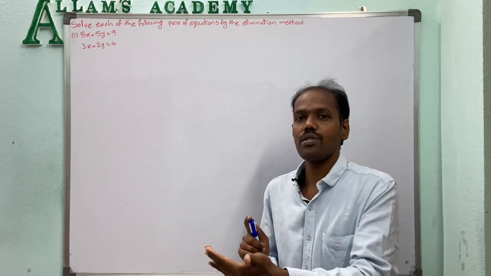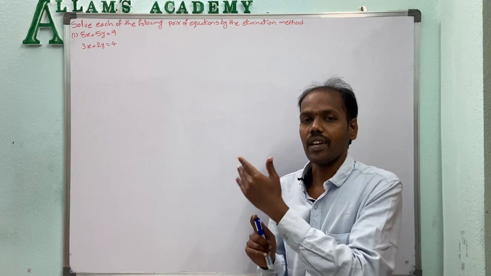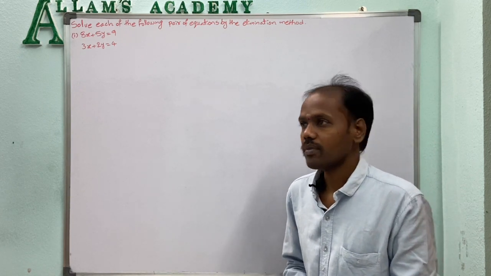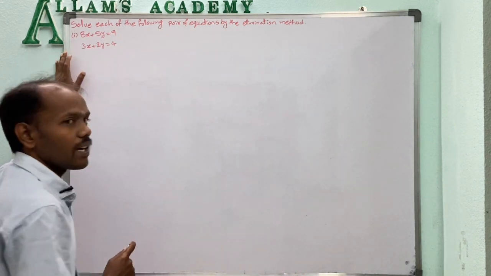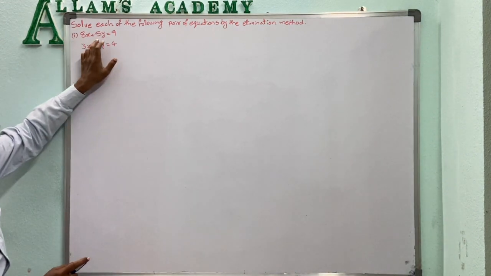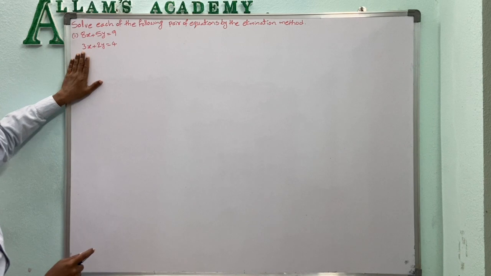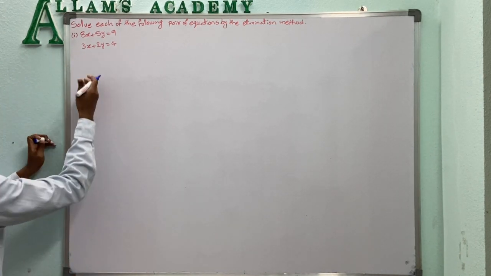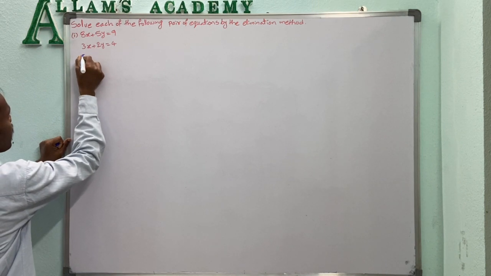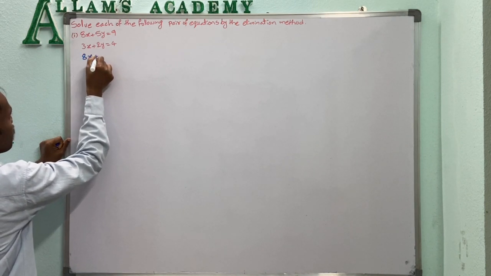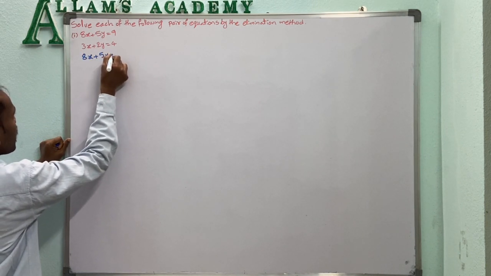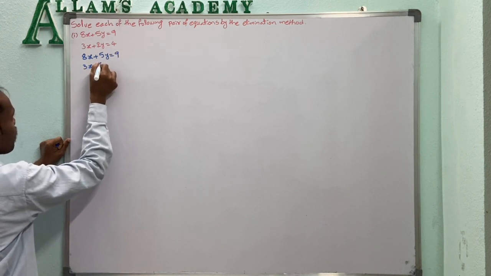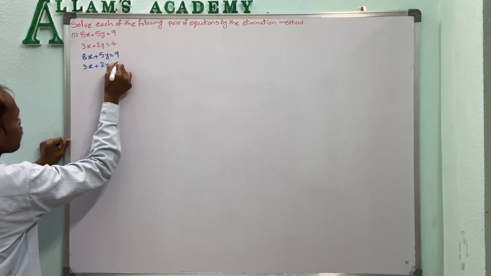Now that is substituting in another one, we get the remaining coordinate. Okay, so for that purpose, here is a given problem: 8x plus 5y equal to 9 and 3x plus 2y equal to 4.